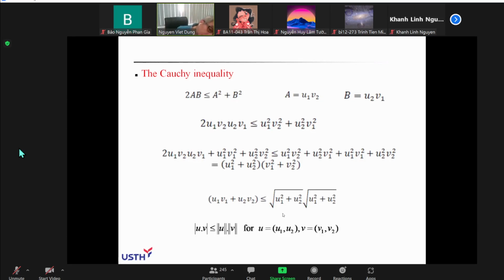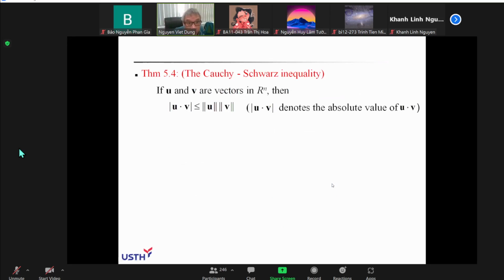Then if you consider U as a vector with coordinates U1, U2, and V as a vector with coordinates V1, V2, then that inequality becomes the absolute value of the dot product U, V less than or equal to the length of U times the length of V. Then we generalize it for any vector in any n space, and it is named the Cauchy-Schwarz inequality.